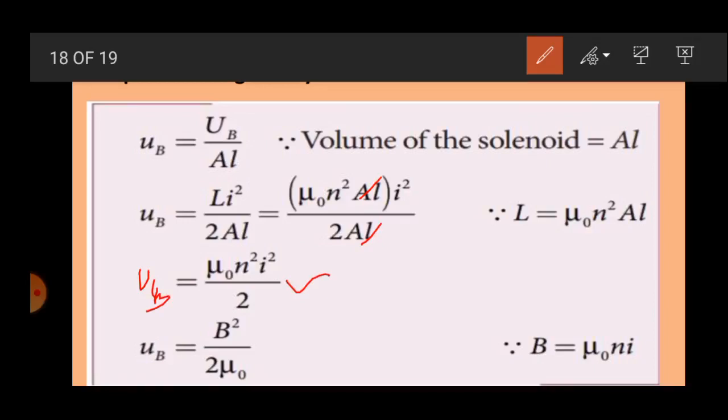Now tell me students, what is the magnetic field at any point inside the solenoid? B is equal to mu naught N I. B square is equal to mu naught square N square I square. Now substitute: ub is equal to B square divided by 2 mu naught. This is called the energy density.